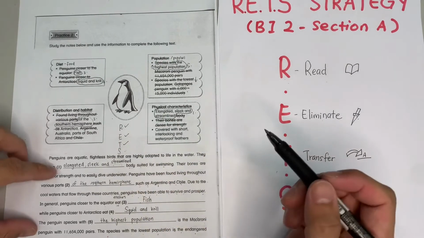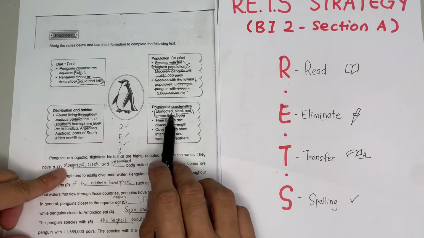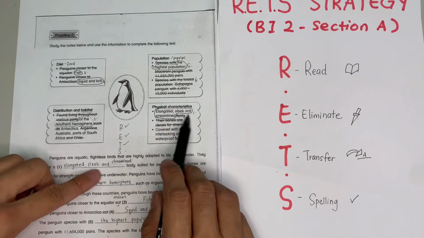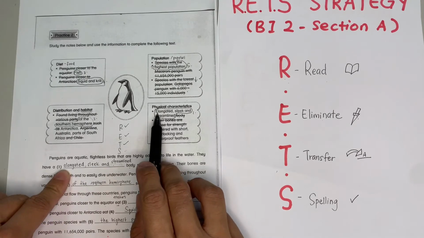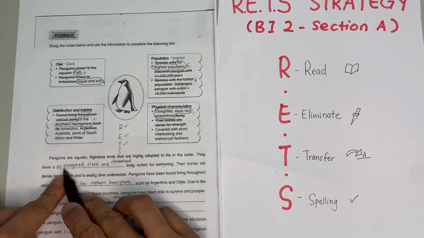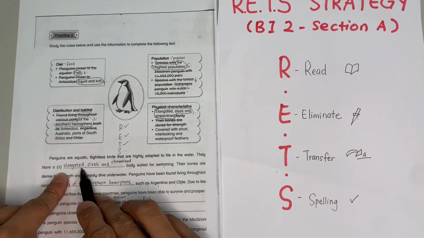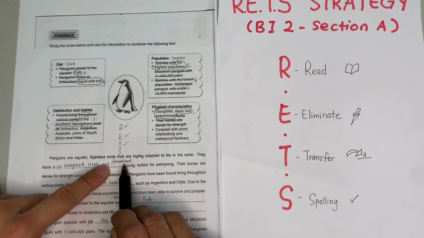Last, we're going to check our spelling. Elongated, sleek and streamlined. Okay, I have made the E smaller. ELONGATED, just check. Streamline, STREAMLINED.